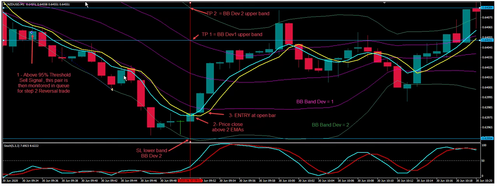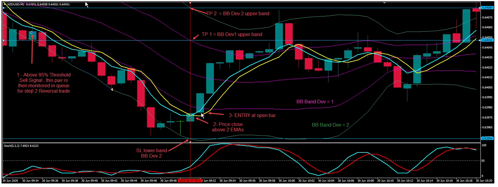So I'm going to resume this again. First we monitor for the pairs that show strength above the threshold percentage, which in this case is 95%. We wait until we get the signal bar. The signal bar for the entry is going to be this bar, where price closes above the two EMAs.